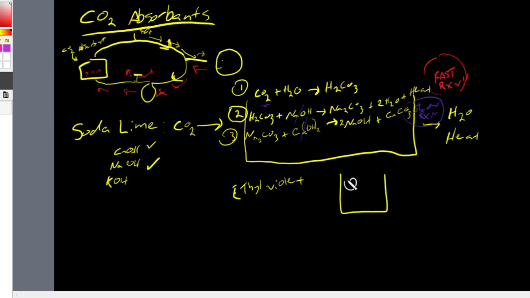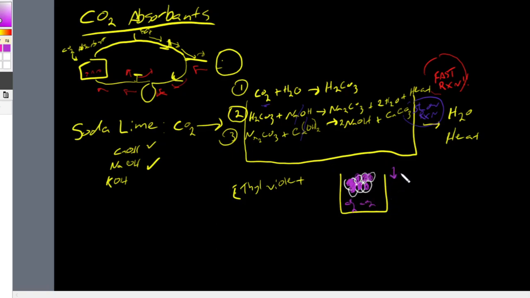These are our granules. And as CO2 builds up, these granules, which are coated with this pH indicator, ethyl violet, will eventually change colors to purple.